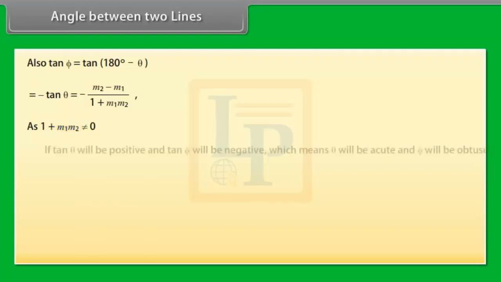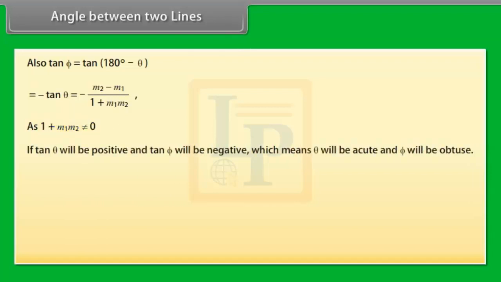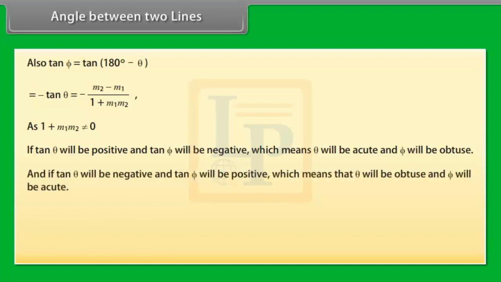to 0. If tan theta is positive, then tan phi will be negative, which means theta will be acute and phi will be obtuse. And if tan theta is negative and tan phi is positive, it means that theta will be obtuse and phi will be acute.